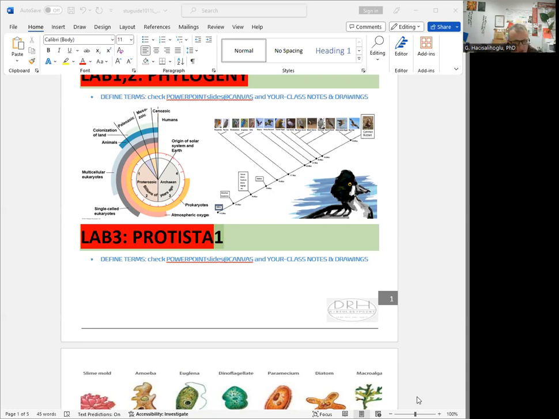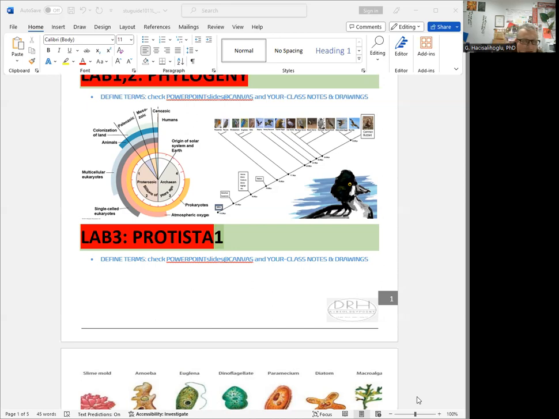Our first kingdom is Protista. Protista is a pretty cool kingdom. It has both unicellular and multicellular members, so make sure you remember this. It has autotrophic and heterotrophic, unicellular and multicellular.